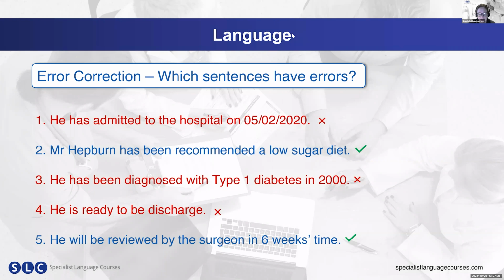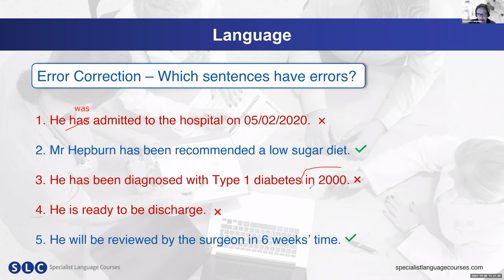Looking at the error, "he has admitted to the hospital". This is a common error I see, where people accidentally write "has" instead of "was" for the passive. So, "he was admitted to the hospital on the 5th of February." For number 3, "he has been diagnosed with type 1 diabetes."